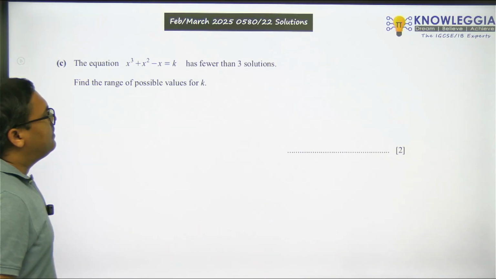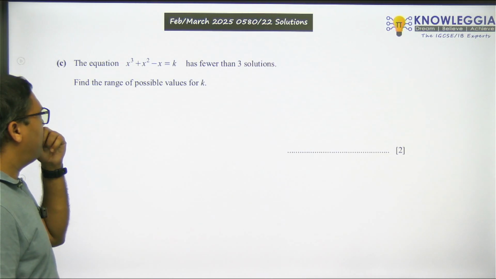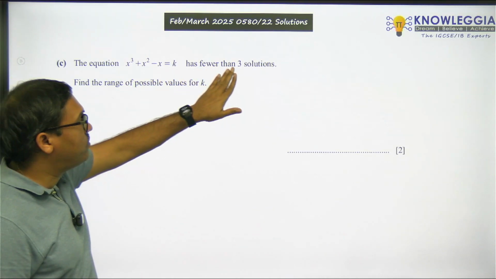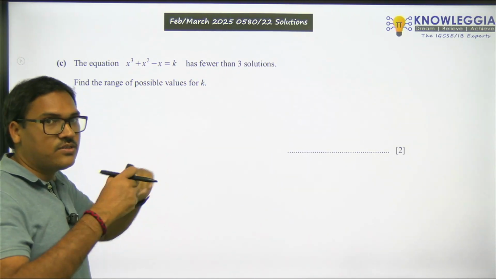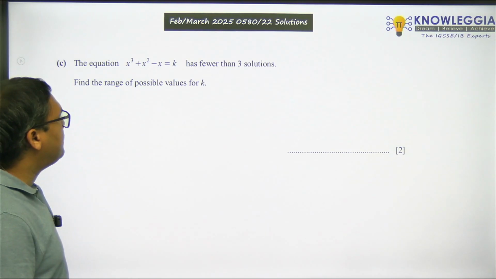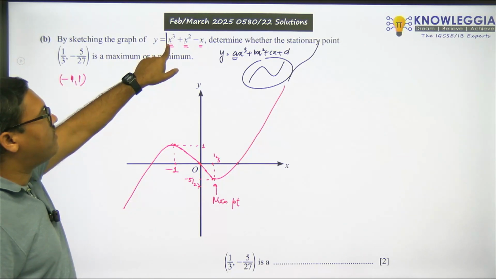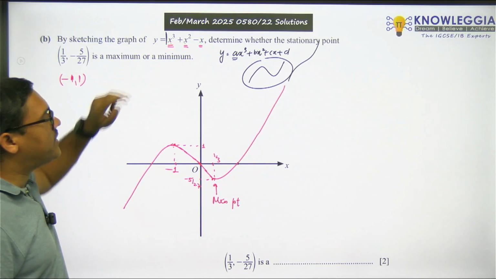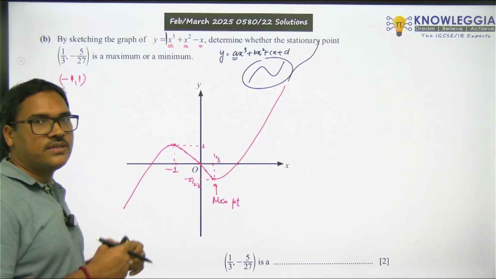Okay. Now, next question. The equation x cube plus x square minus x equal to k has fewer than 3 solutions, that is, less than 3 solutions. Find the range of possible values of k. So you see here, we have drawn the graph of y is equal to x cube plus x square minus x. And I want it to be k and it should have less than 3 solutions.